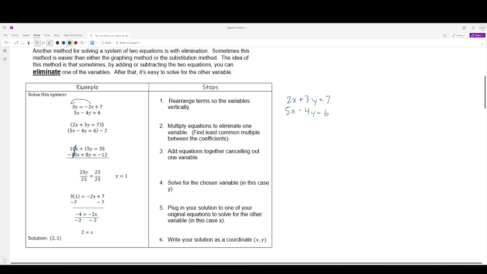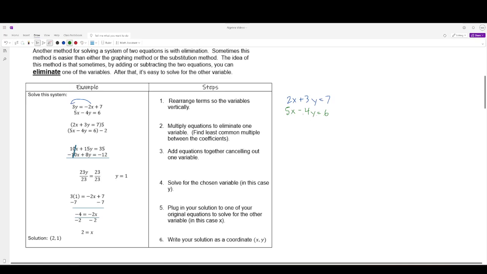And then we have 5x minus 4y is equal to 6. Now that these are lined up, like in the mobile above, I can add 5x minus 4y to the left side and add 6 to the right side, and everything will stay in balance because 5x minus 4y is the same amount as 6.